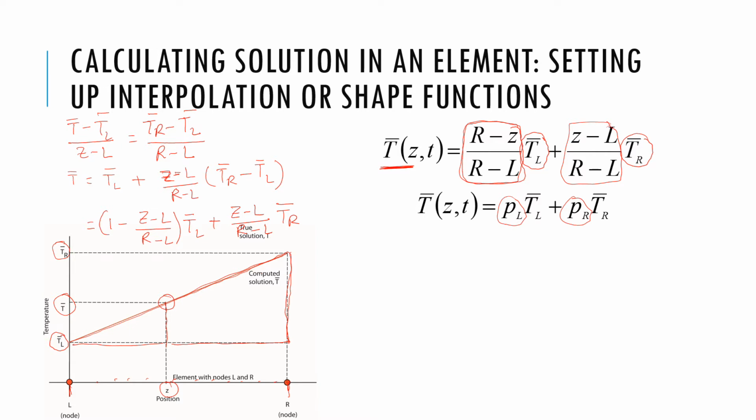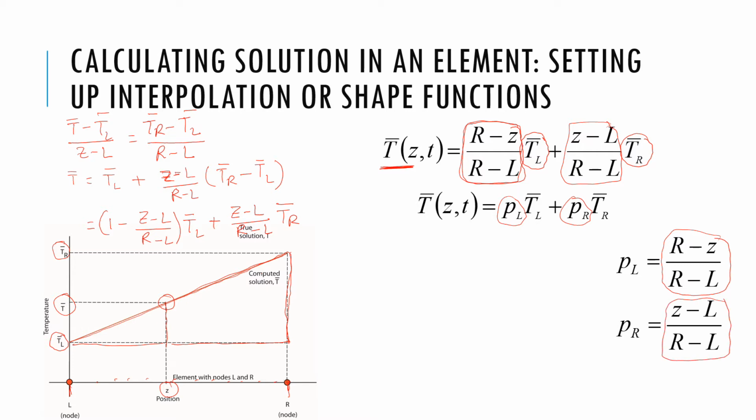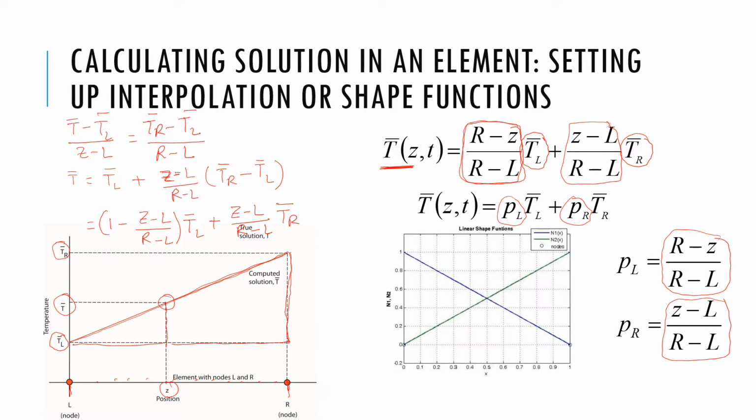PL is equal to R minus Z over R minus L, and PR is Z minus L over R minus L. So they are just really equations for a line. And so if I plot these, they look something like this. So PL at Z equal to L is 1, and it goes from 1 to 0, and PR goes from 0 to 1.